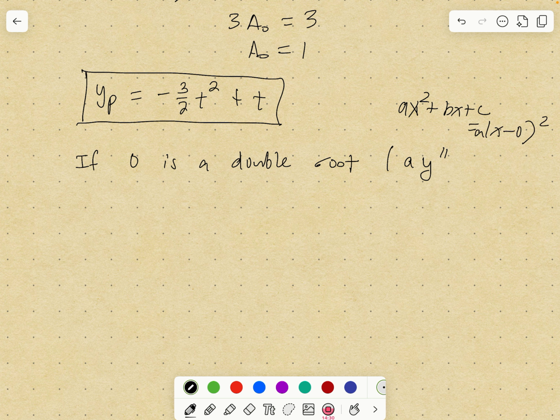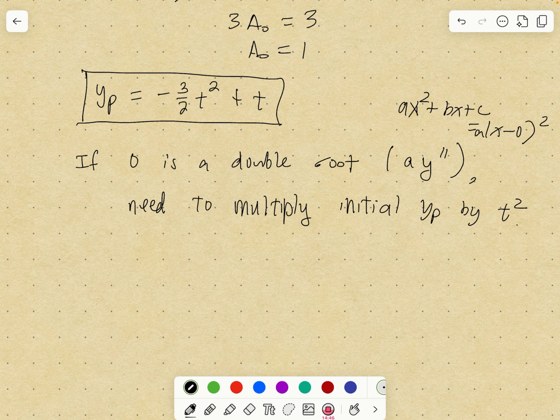So in other words, if you just have ay double prime on the left, then it turns out that you need to multiply your initial yp by t squared.